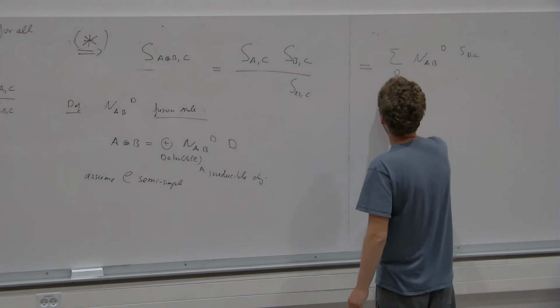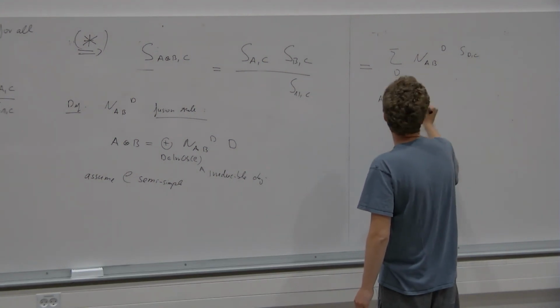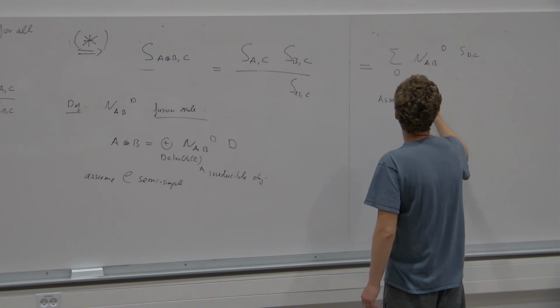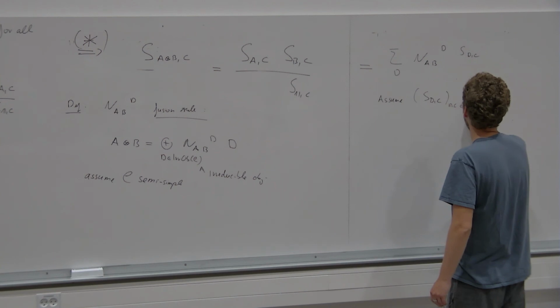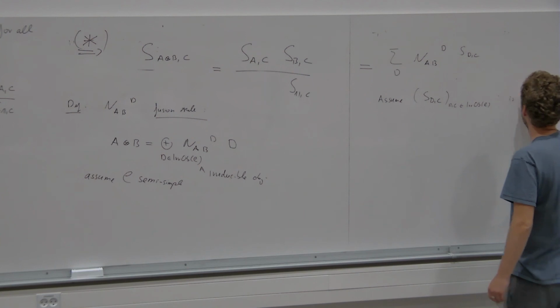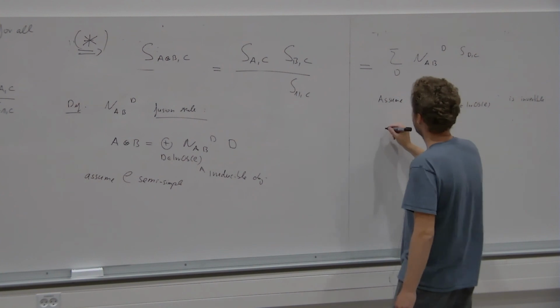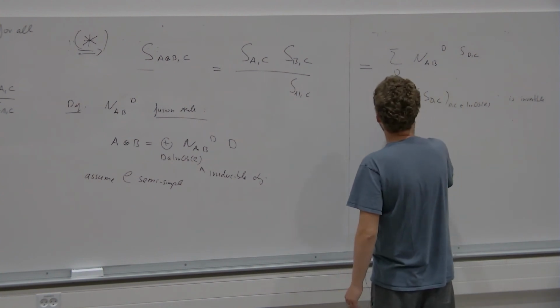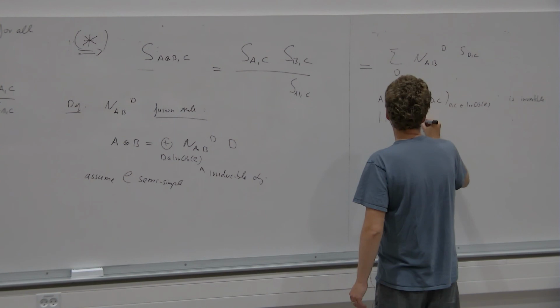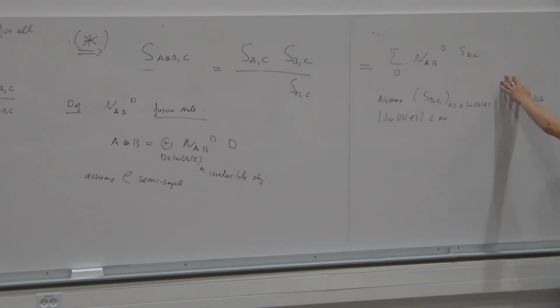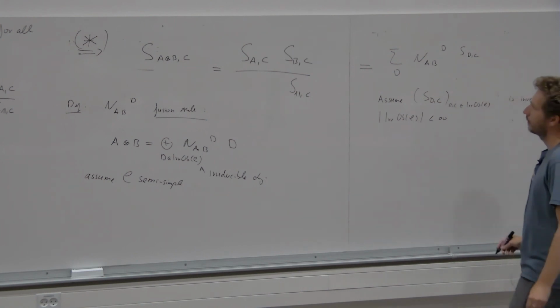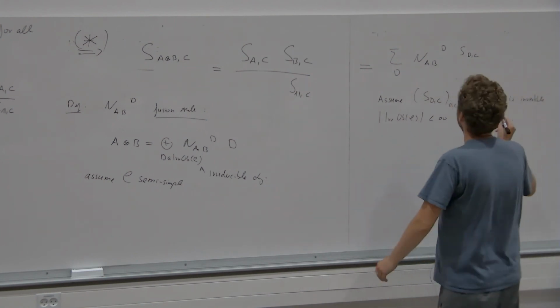So we assume that this matrix S_DC, where D and C go over the irreducibles, is invertible. And of course, here I first assume that the set of irreducible objects is finite. Then I can multiply this by the inverse of this.